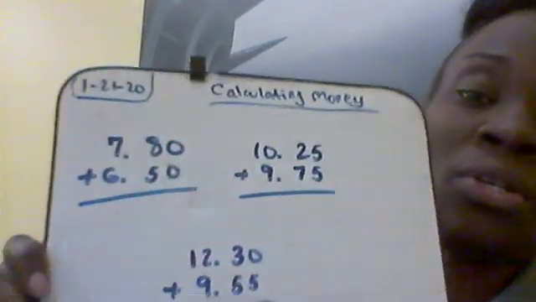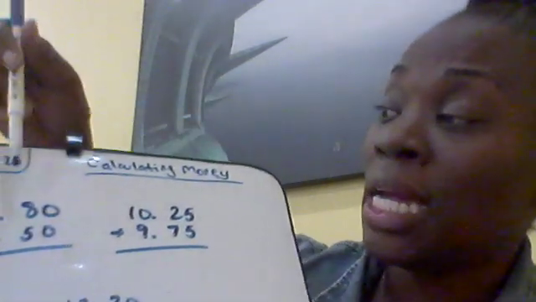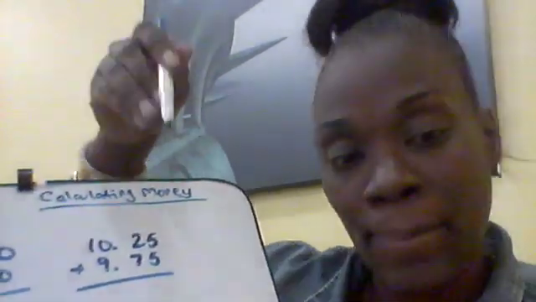And lastly, I'd like to see you add $12.30 plus $9.55. Okay? So this is what you're looking to add. Again, anything before the decimal is a whole number. Anything after the decimal is a fraction of a number.